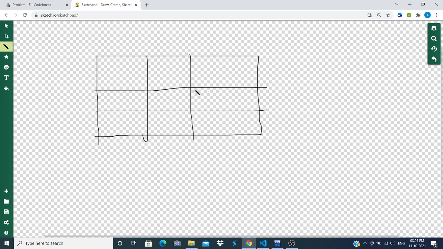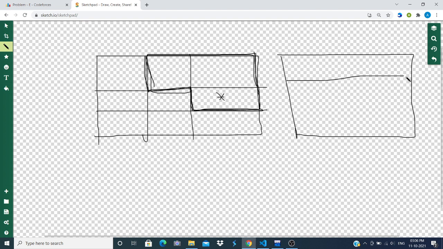Let's say I want to find how many horizontal staircases end at this cell, then it might also be possible to have a structure like this. This structure is also valid, right? But in the recursion that we defined, we are basically just finding the number of staircases which are kind of perfect, right?